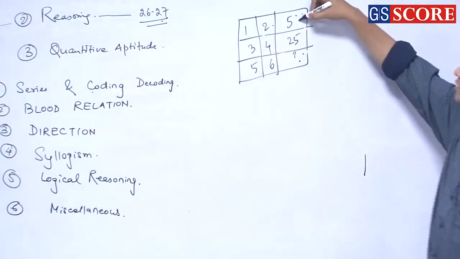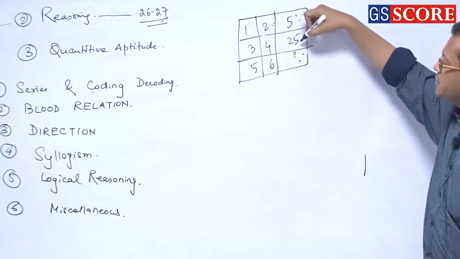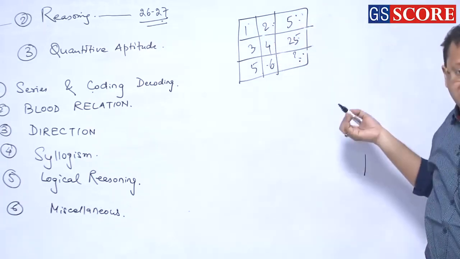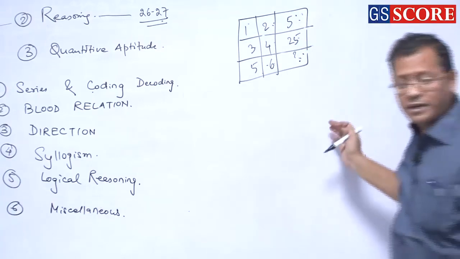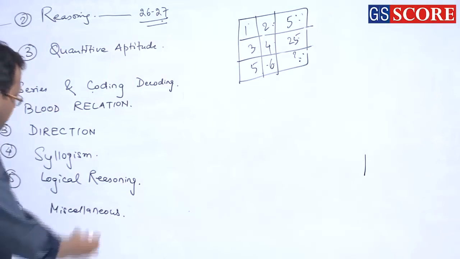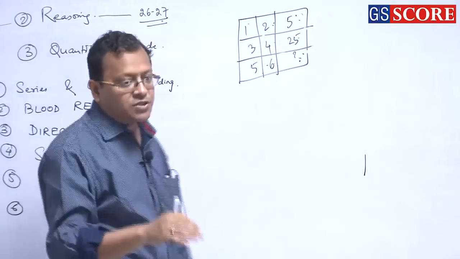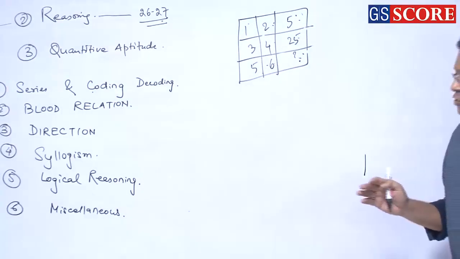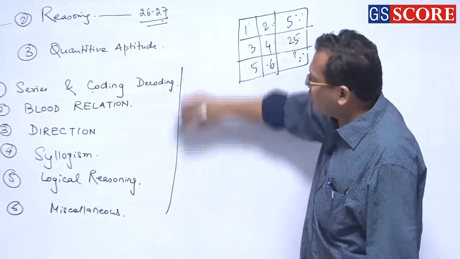You can say this number is the square of these two numbers, this number is the square of these two numbers, so this has to be the square of these two numbers. It's a very simple question I am giving, right? There can be questions on matrix based reasoning as well, right? There can be non-verbal reasoning questions, which I just told you some time back, which is the odd one out, which figures complete the whole figure. So for these kind of questions, you need a lot of practice, right?